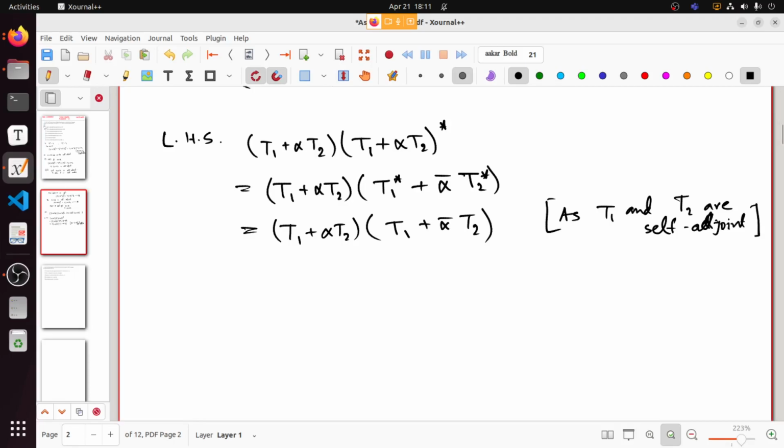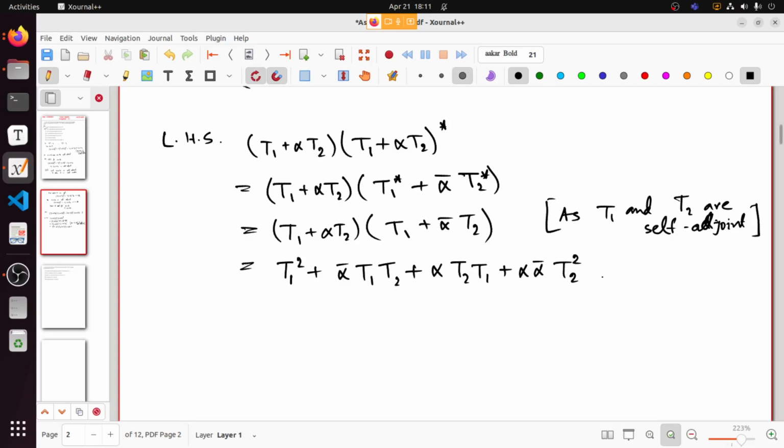Right, and next, now use the composition rule. So what you will get is T1 square plus alpha bar T1 T2 plus alpha T2 T1 plus alpha bar T2 square, right?